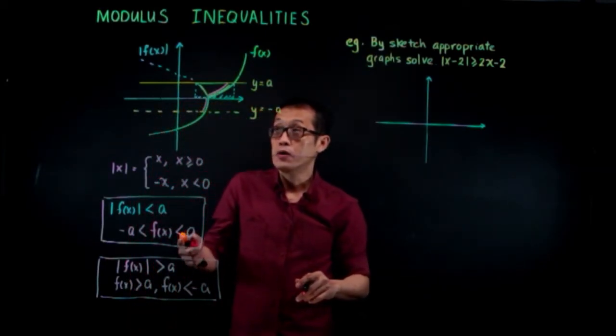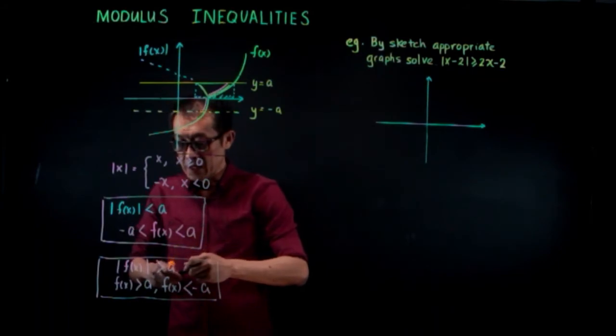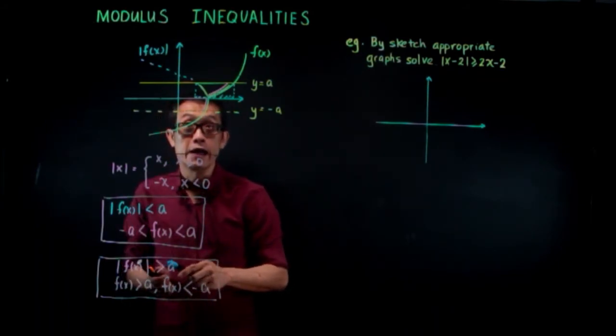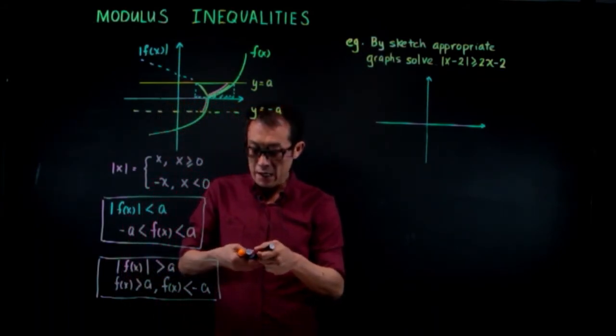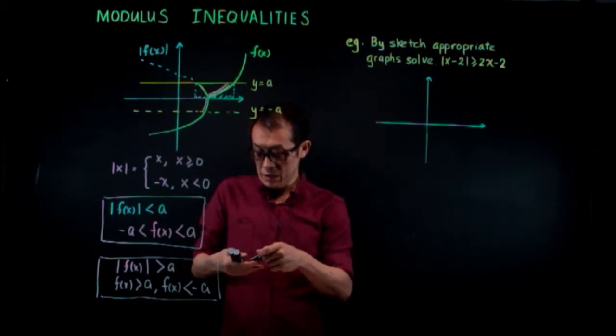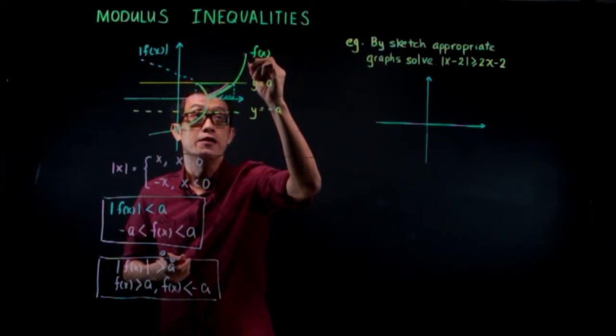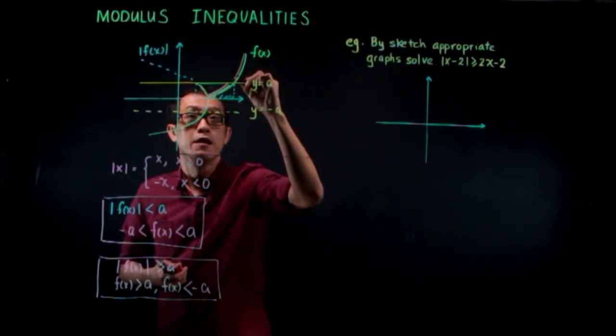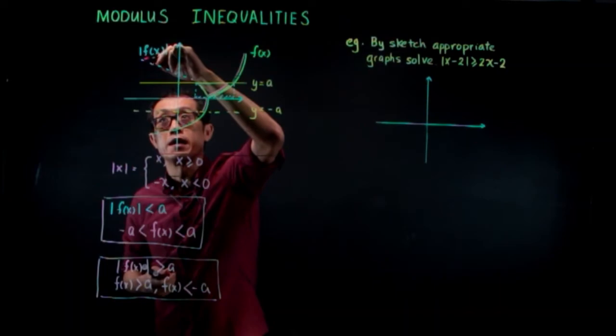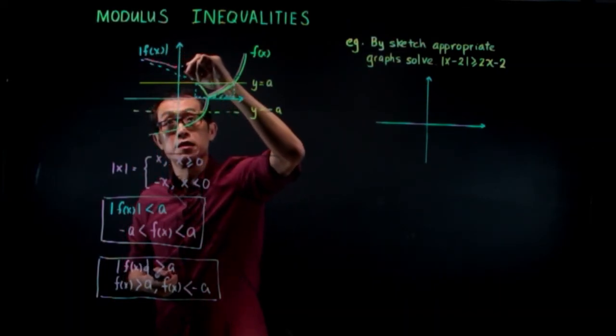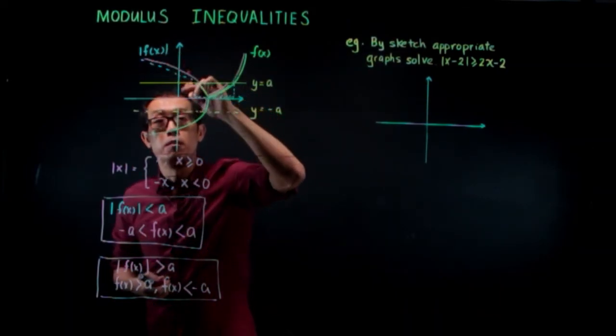Now, you look at it. You want f of x to be greater than a. So, it is this part of the graph that you want. Maybe I draw it, this one in red. It is this part that you want, and this part, in terms of mod f of x.